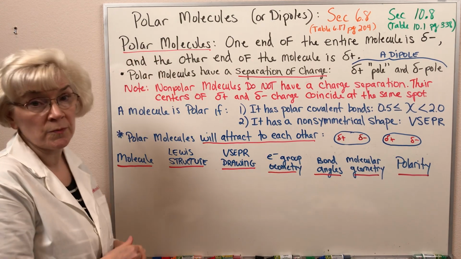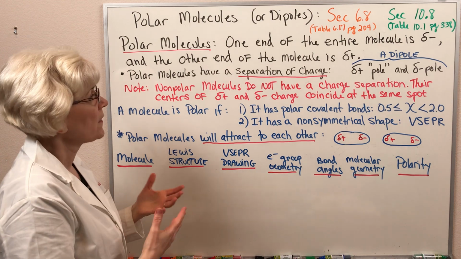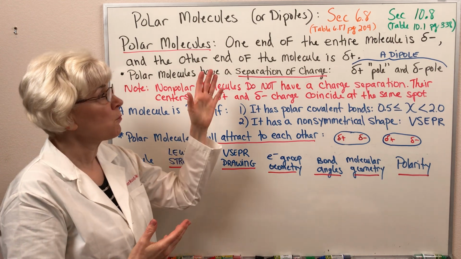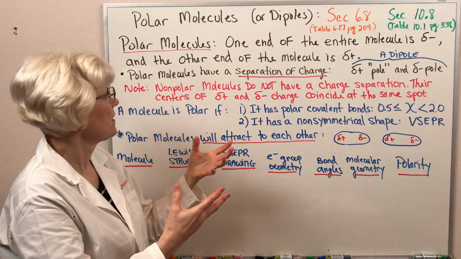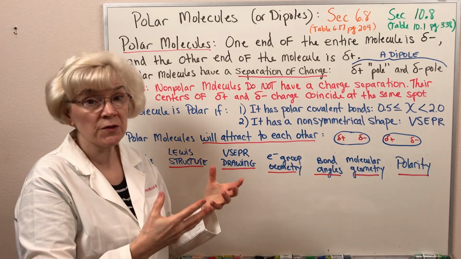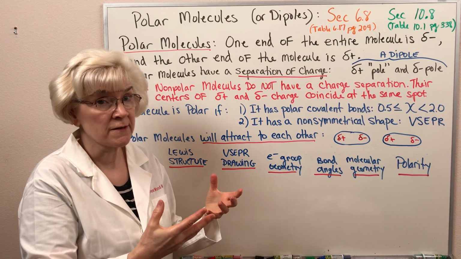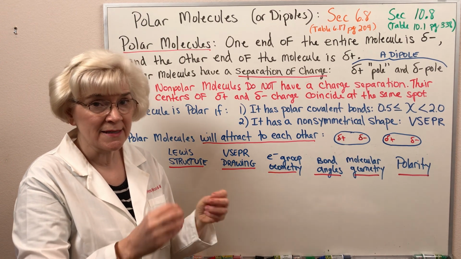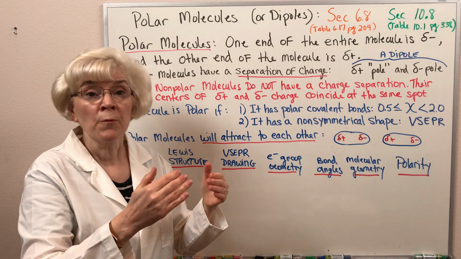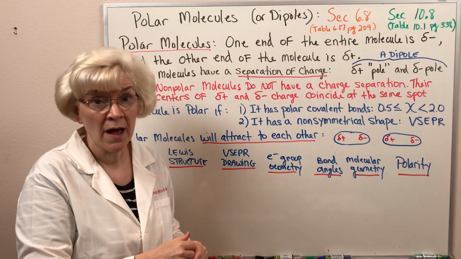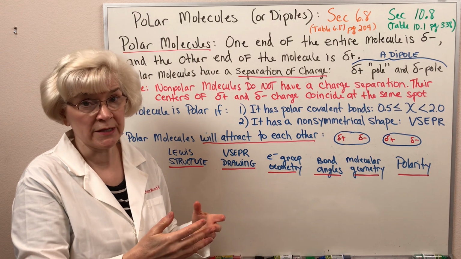So what is a polar molecule? A polar molecule is a molecule in which one end of the molecule has a partially negative charge, and the other end of the molecule is partially positive. Now, we were looking at this idea of partial negative and partial positive points when we were discussing whether or not a bond was a polar covalent bond.